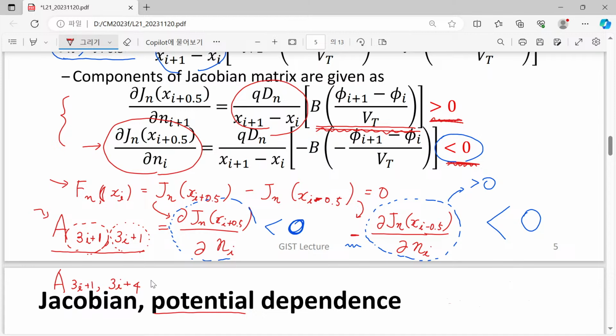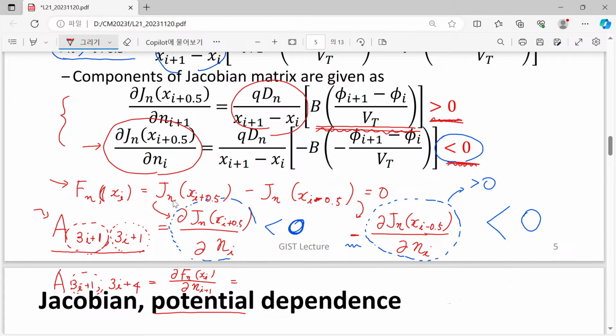What is the physical meaning of this quantity? This is corresponding to our flux. The flux is the same because the row index is the same. However, we must calculate the partial derivative with respect to now n sub I plus 1.